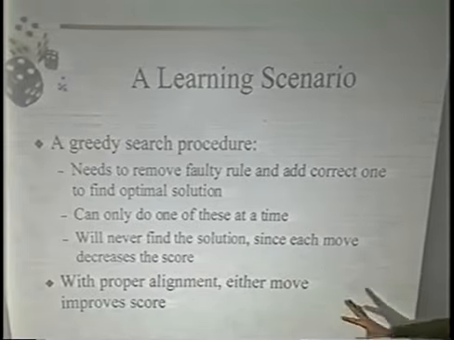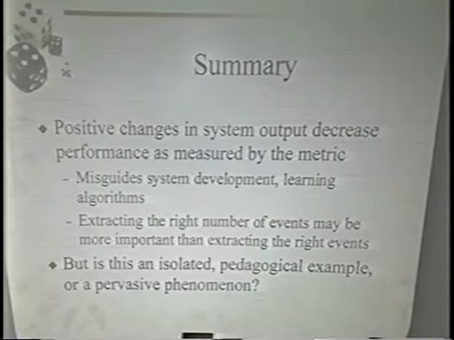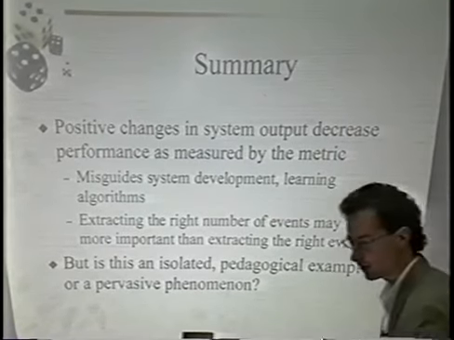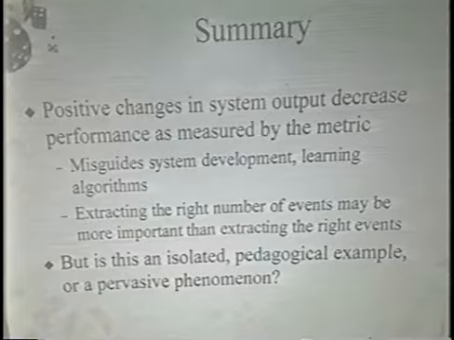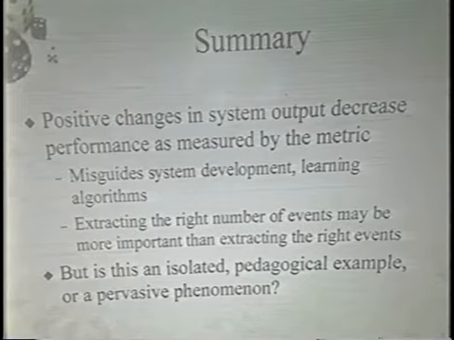So hopefully, at this point, at least you might be convinced that this is a bad property of an evaluation. Positive changes should not result in negative feedback from the metric. And this could have an effect both with hand-built systems, misguiding system development, and also with automatically trained algorithms, of course.